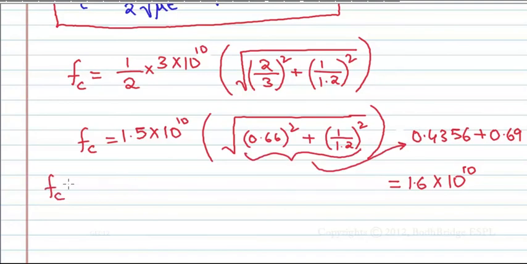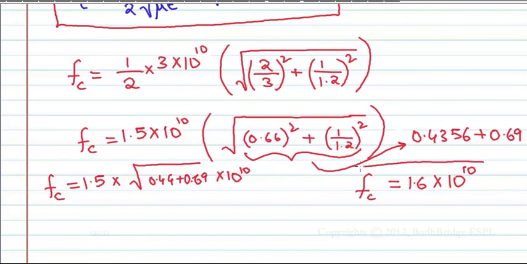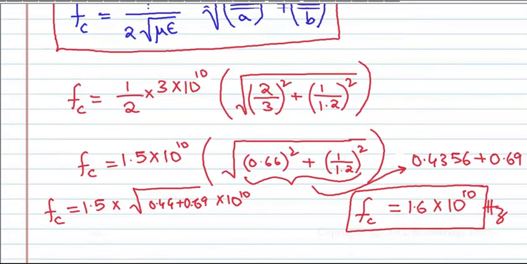Fc is equal to 1.5 × 10¹⁰ into this, which gives us fc to be 1.6 × 10¹⁰ nearly. These many hertz. This is the cutoff frequency of the 2-1 mode.